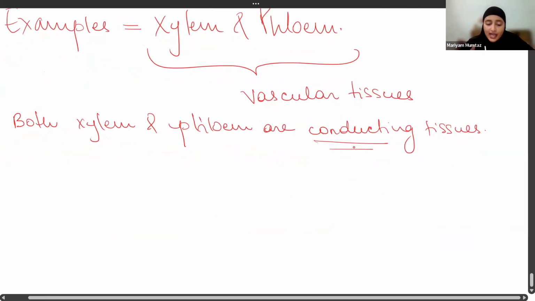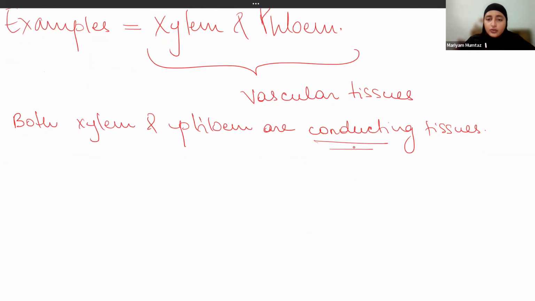So xylem and phloem are known as the vascular tissues and they are responsible for conduction.